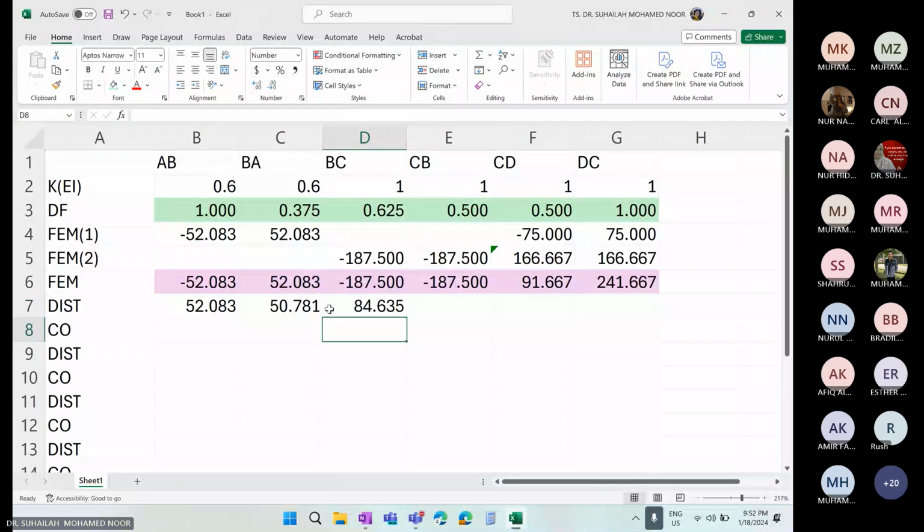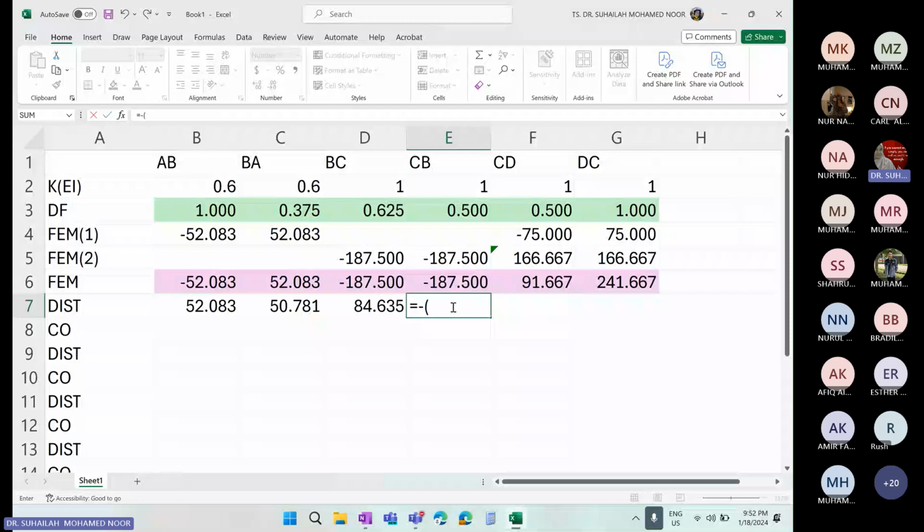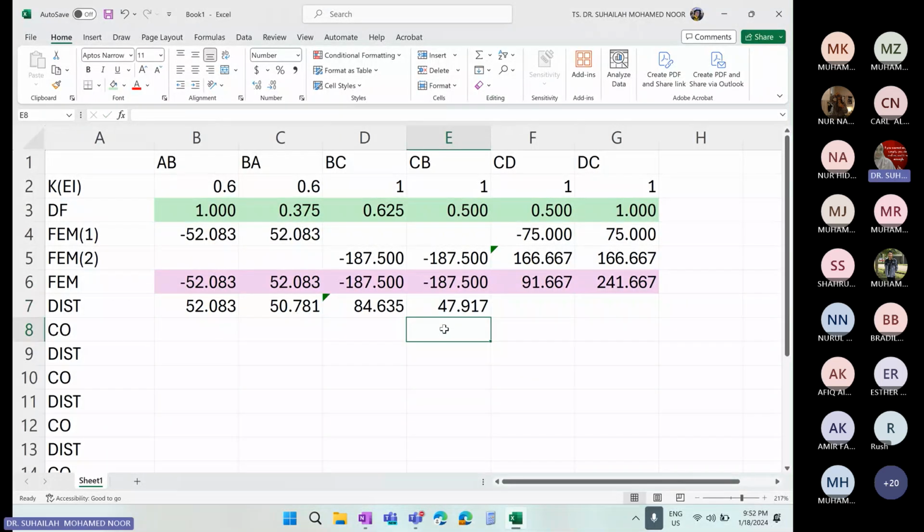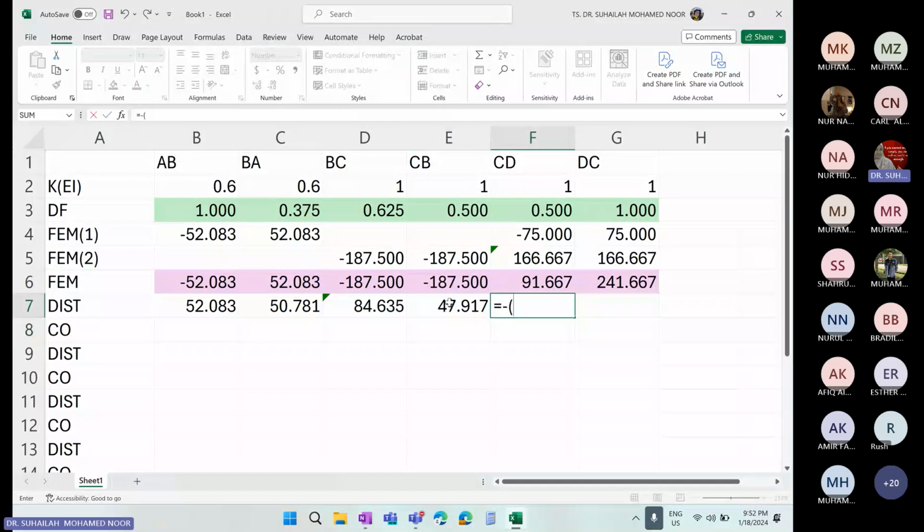After that is joint C. At joint C, we have negative 187 and positive 91. So negative for opposite, negative 187 plus 91, times 0.5, and we get a positive value. The other one is CB and CD, times with factor 0.5.